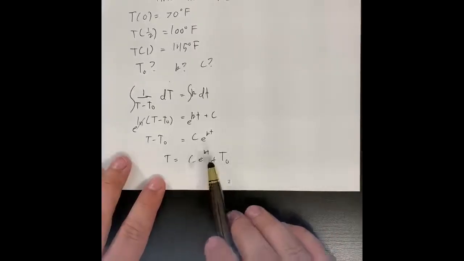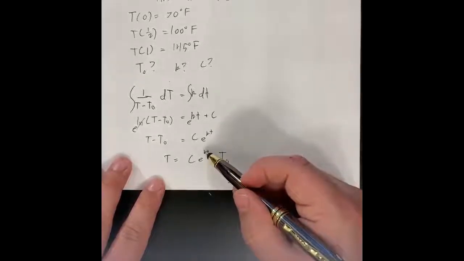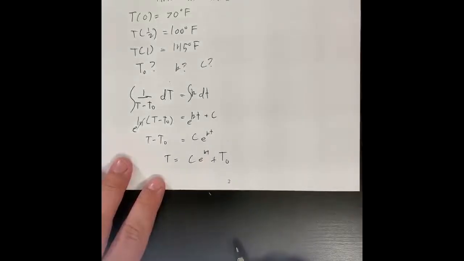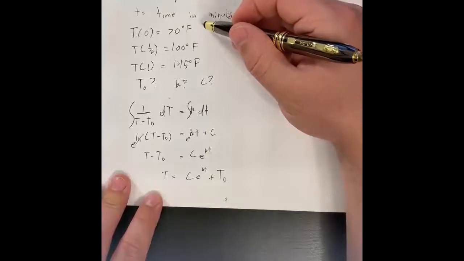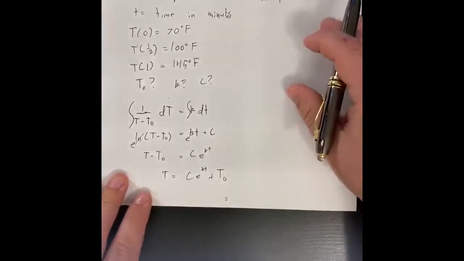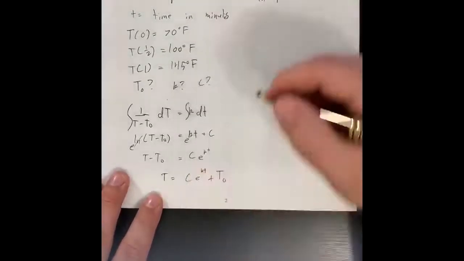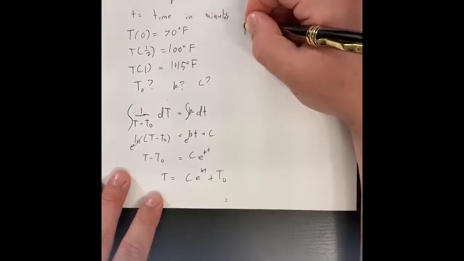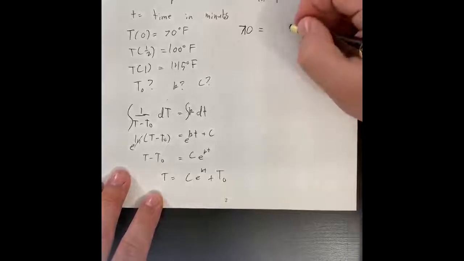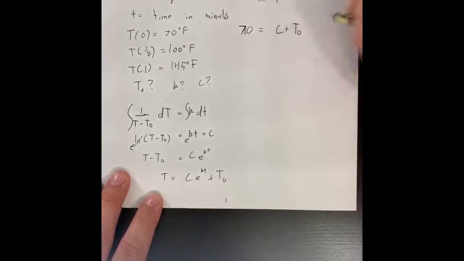But again, we're trying to find what this T naught is, but we don't know what the K and the C are either. Okay, but we do know these three pieces of information right here. So let's plug those in and see what we get. So T of 0 is 70. That means that 70 degrees equals C plus T naught.